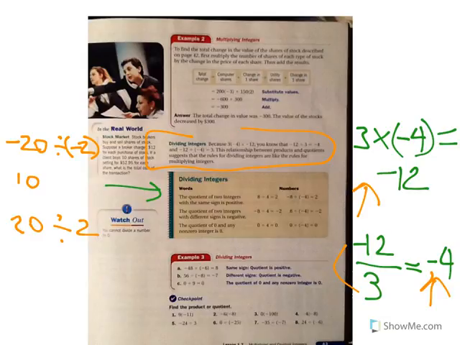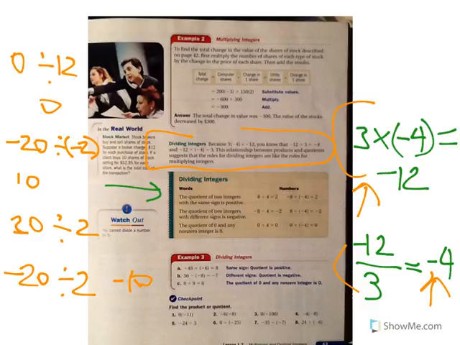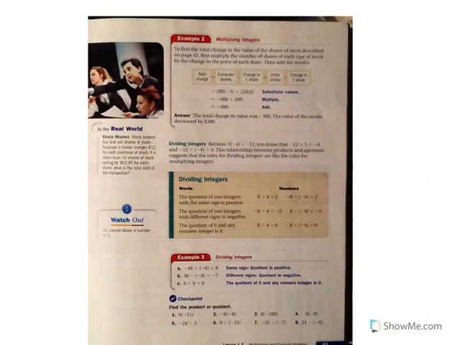The alternate part of the rule is that -20 divided by 2 is going to give you a negative answer. And obviously, the quotient of 0 and any non-zero integer is 0. So 0 divided by anything is equal to 0. Those are the key rules.